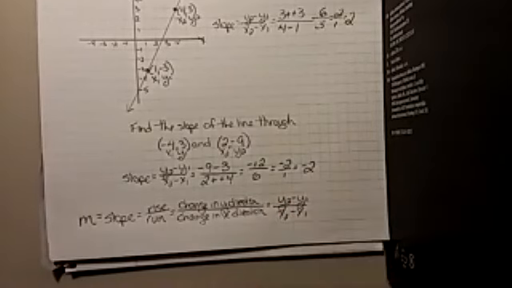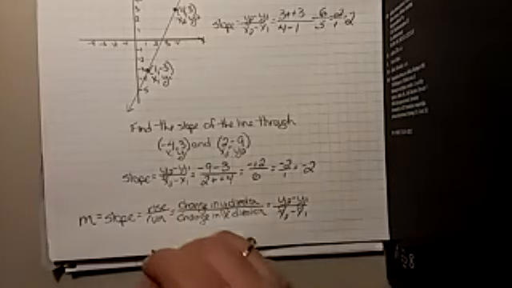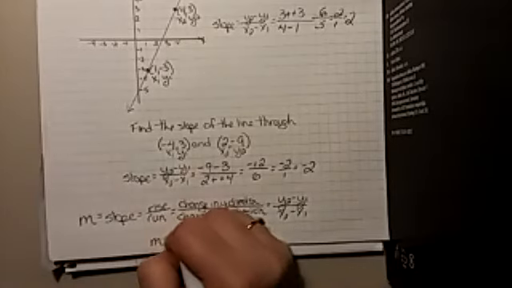So now we can just go right to m equals y2 minus y1 over x2 minus x1. And we can go straight to that formula now to use as slope. All right, let's do 2 more examples for this video.